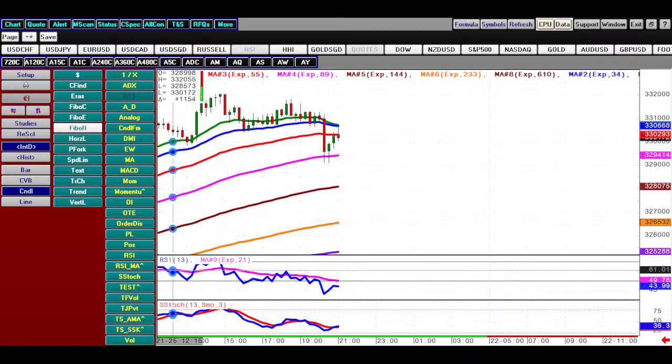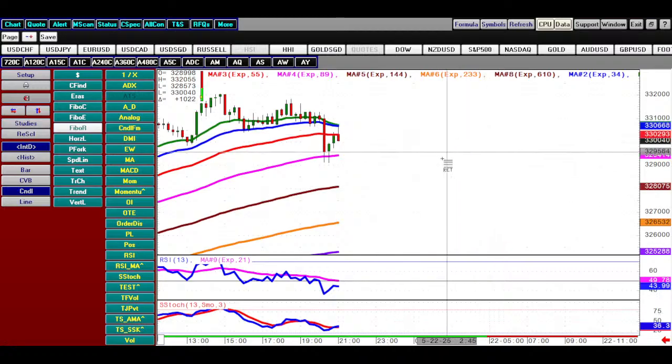So I'm trying to sell on three staggered levels: 3303, 3305 half, and 3311. Then the stop I'm trying to put respectively.